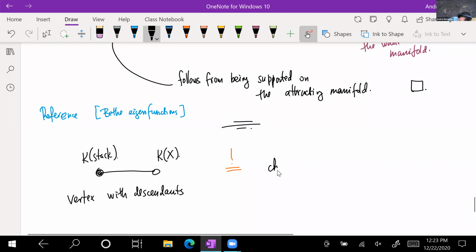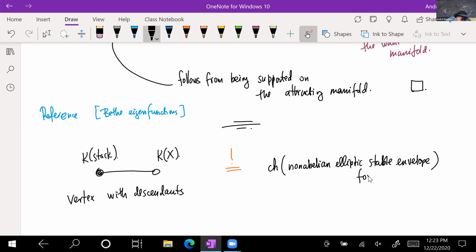So this thing is the Chern character applied to the non-abelian elliptic stable envelope, when normalized correctly, and we'll explain this in a second.